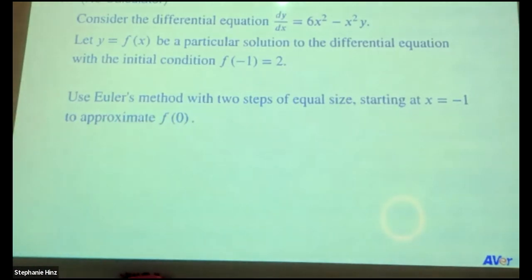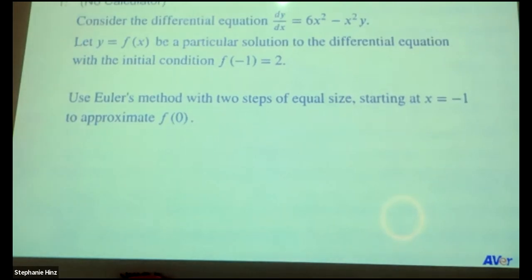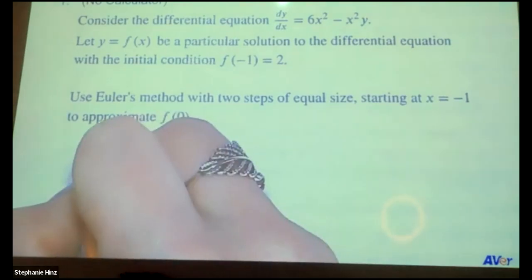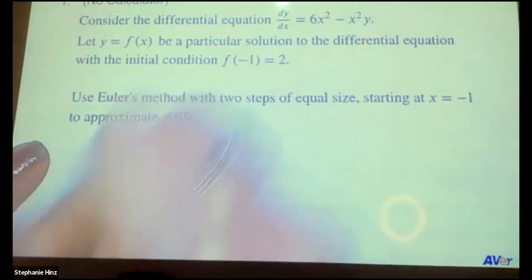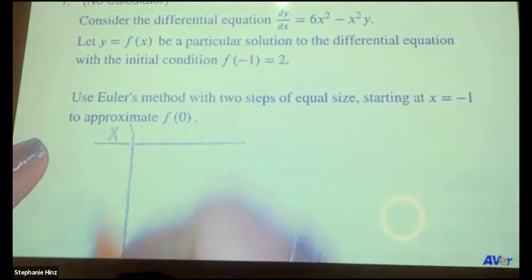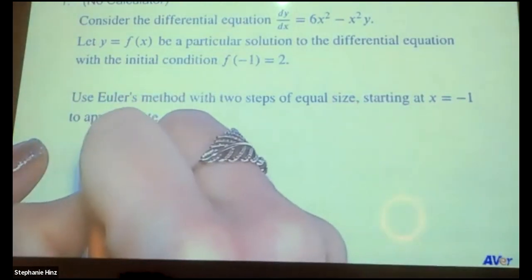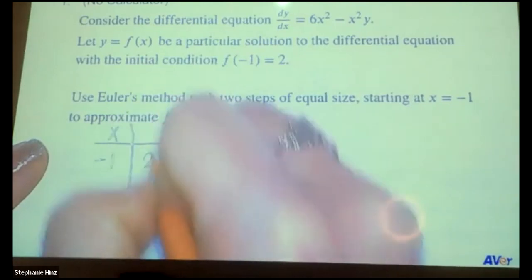Okay, so this is a repeated approximation technique. All we're going to do is start out with some x value. All right, and I do use a table to do this. So we're going to start out at the value -1, 2.